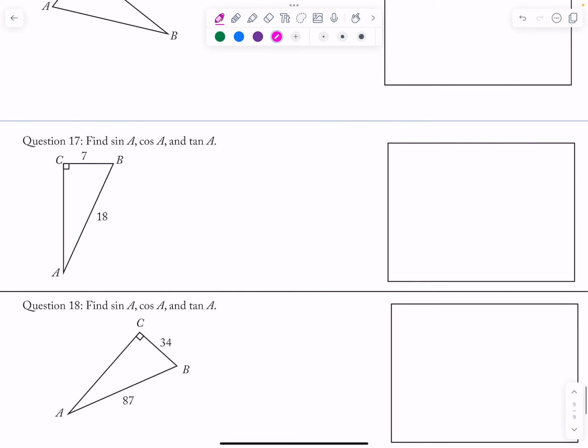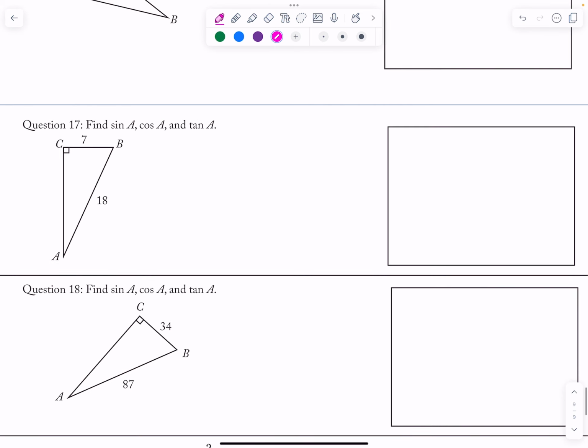Okay, so I'm missing a side length again. So I must do the Pythagorean theorem to figure out what my missing side length is. So a squared plus 7 squared is equal to 18 squared. So a squared plus 49 is equal to 324.